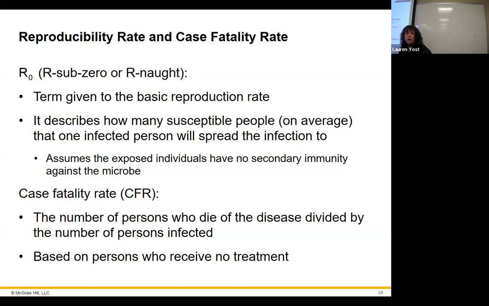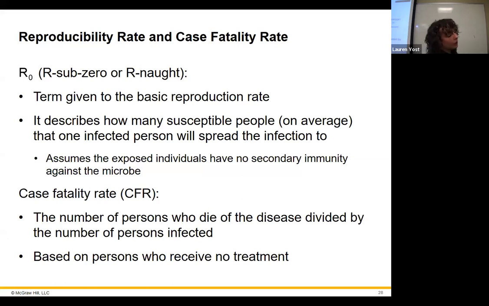That's not super high, but still, we already know about how COVID can spread. It also does assume, however, that the exposed individuals, the susceptible people who are being exposed, don't have secondary immunity against the microbe. So anytime we're talking about R naught, we're talking about it in terms of nobody's been vaccinated from it, nobody has any immunity from having had it before. Just assuming people who are completely susceptible to it.